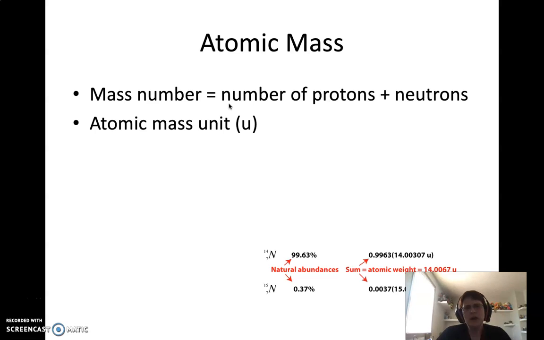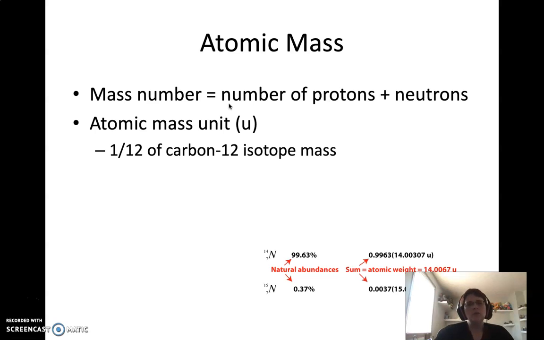And the atomic mass is going to be expressed in these units, atomic mass units, or little u. This unit is equivalent to 1/12 the mass of a carbon-12 isotope. That's a standard carbon atom, just so that we have a standard. So how do we get this atomic mass? Why are all of the mass numbers percentages?